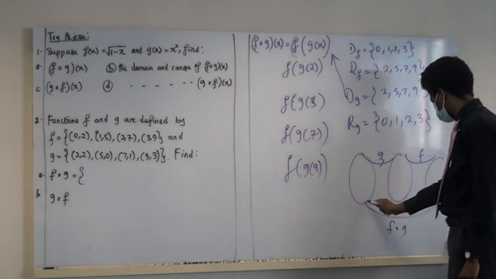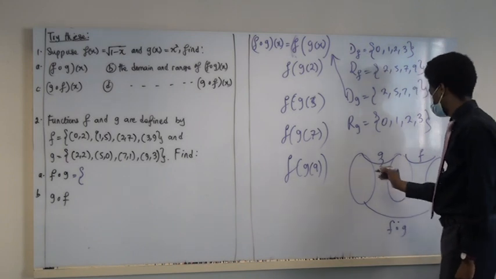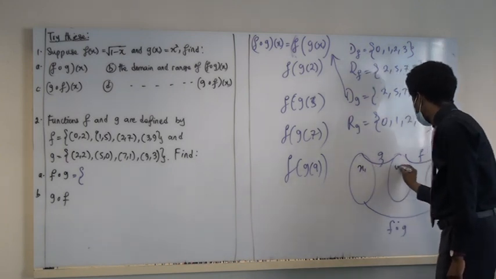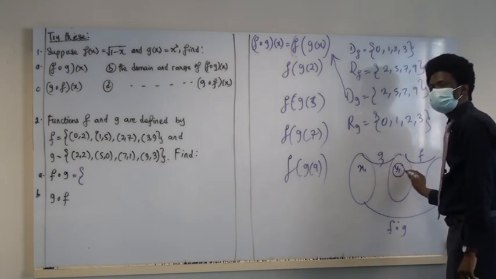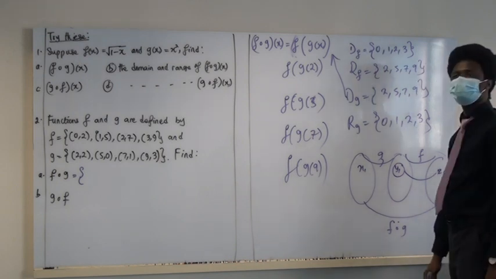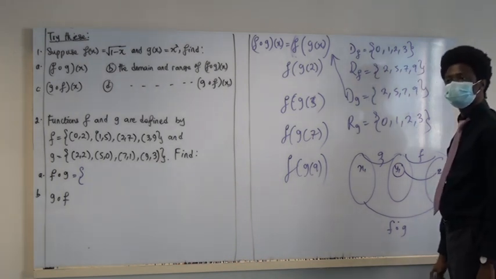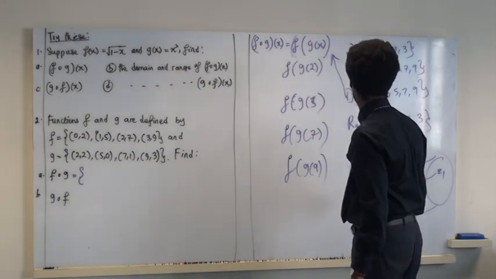To get the composition f with g, you start with g. So when g maps from x1 to y1, it is that y1 that f takes and maps to maybe some z1. Understand? Okay, back to this quickly, because we have to go in 2-3 minutes.